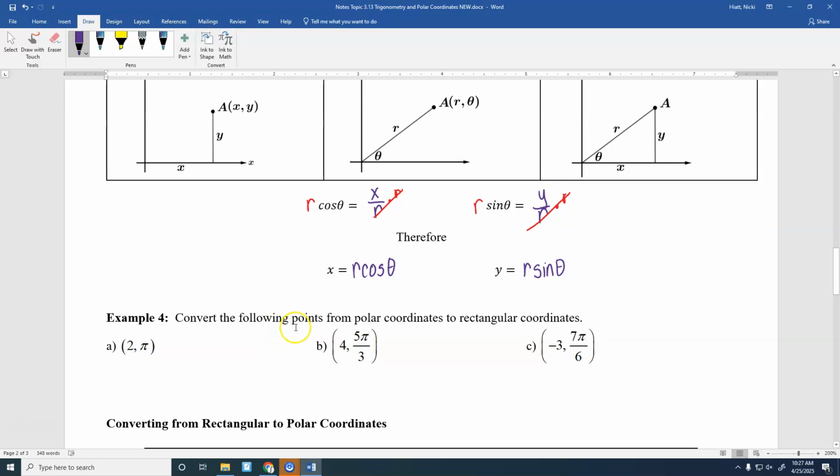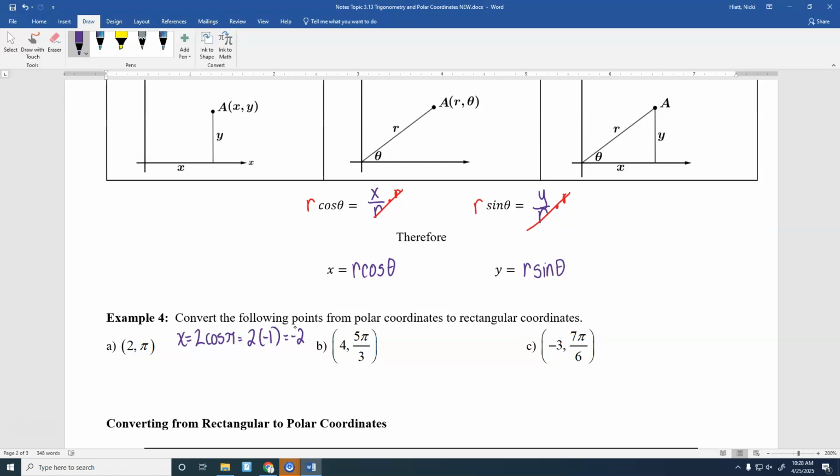So let's start with taking polar coordinates and turning them into rectangular coordinates. If I have 2, pi, my x-coordinate is going to be the radius times cosine of pi. And testing our unit circle again here, what is cosine of pi? -1. So I get -2.